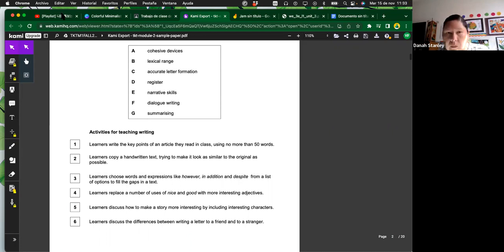Ready? Okay, a ver, let's check. If not, don't worry. This is practice. Okay, entonces, learners write the key points of an article they read in class using no more than 50 words.